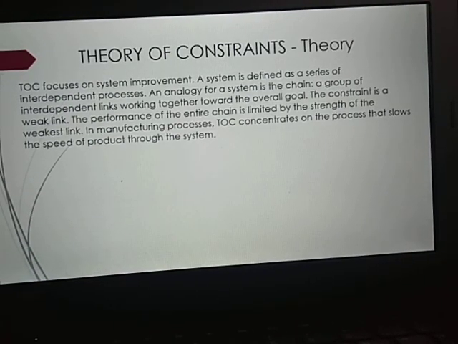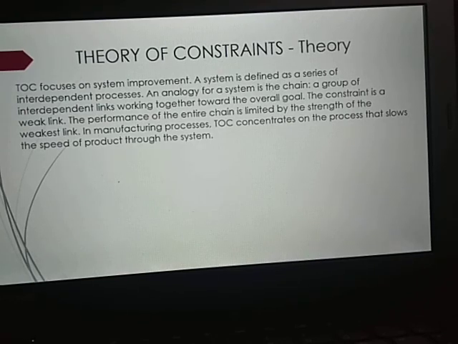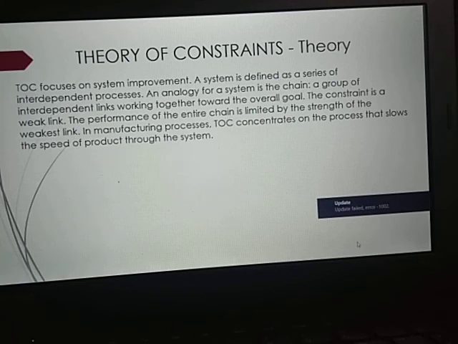And now, the theory of constraints. TOC focuses on system improvement. A system is defined as a series of interdependent processes. An analogy for a system is the chain, a group of interdependent links working together toward the overall goal.